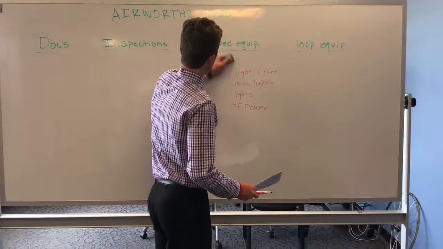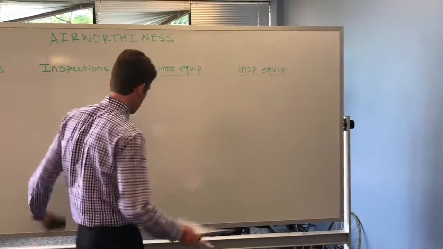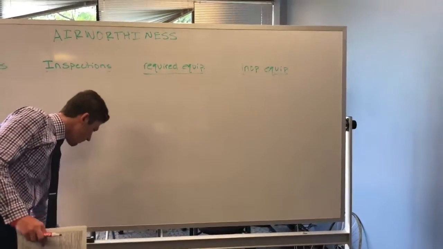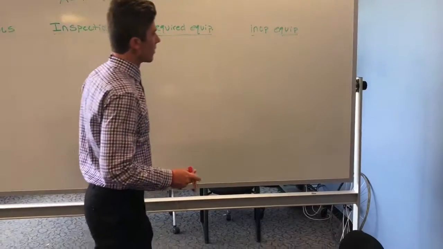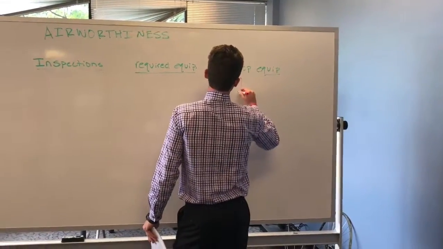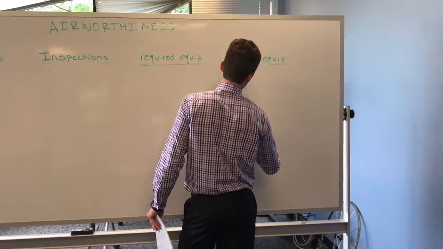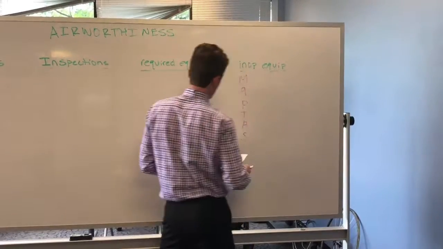All right, so our last topic here is what do we do if our anti-collision lights are inoperative and we want to fly day VFR. We'll use the acronym MNINER PTAS.